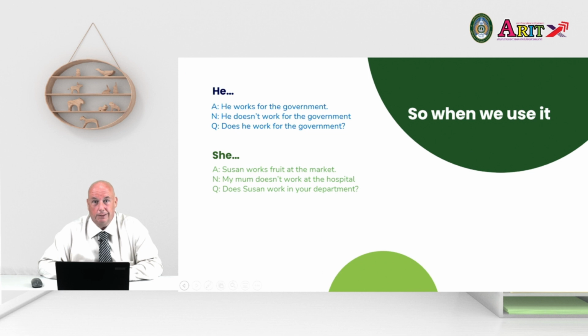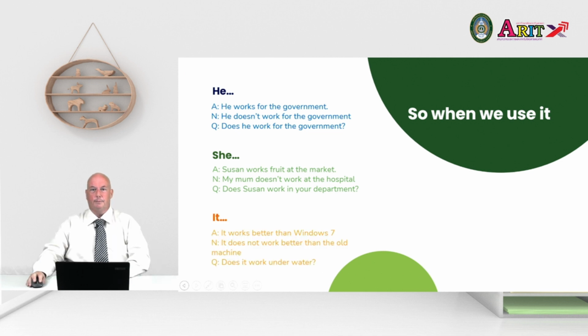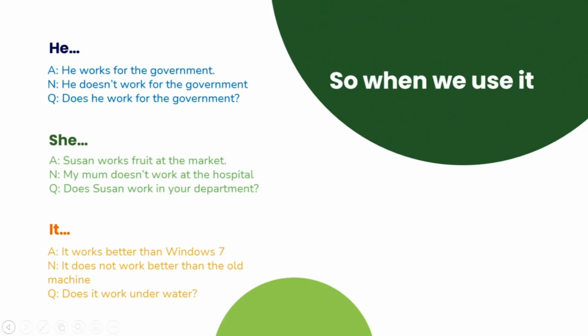I sell, Susan sells fruit at the market. My mum doesn't work at the hospital. Does Susan work in your department? It works better than Windows 7. It doesn't work better than the old machine. Does it work underwater? So a question.